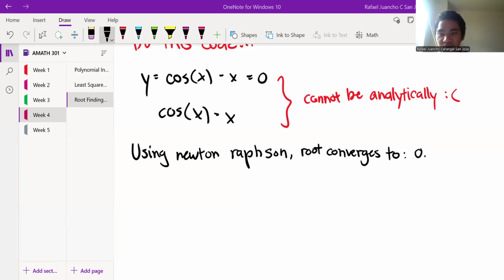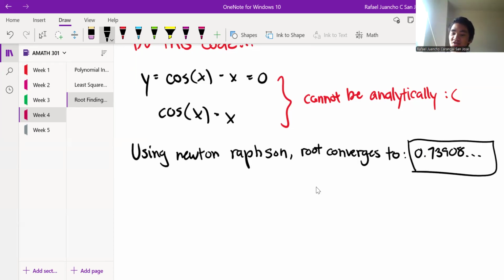Oh, there. So it's actually more precise compared to Desmos. That's the idea of using these methods. They give us more precise solutions.